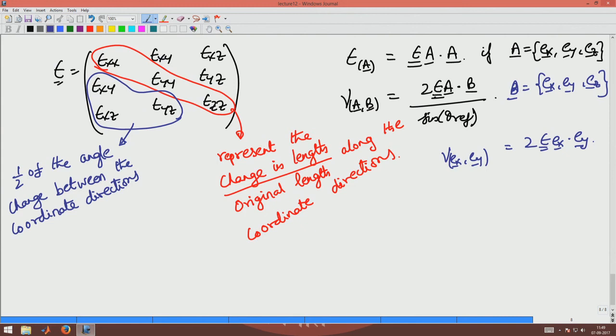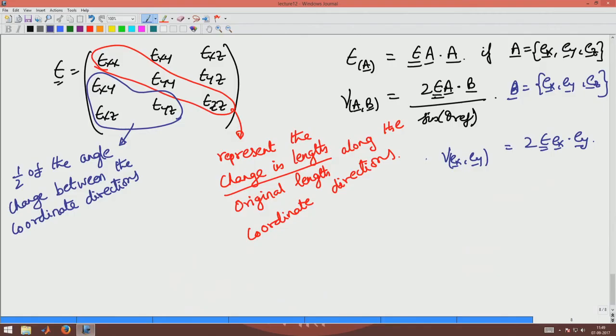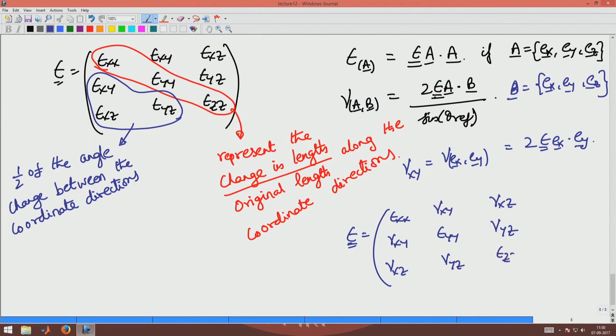Now, in most of the textbooks in elasticity, they will say this angle change to be gamma xy. And the strain tensor would be written as epsilon xx, gamma xy, gamma xz, gamma xy, epsilon yy, gamma yz, gamma xz, gamma yz, epsilon zz.